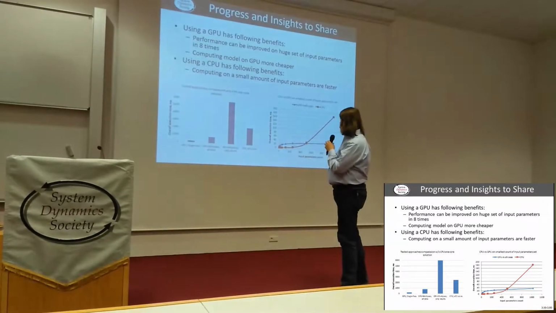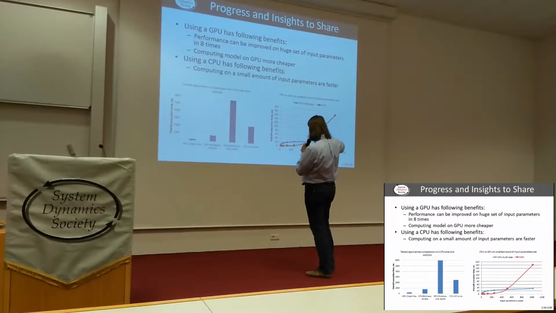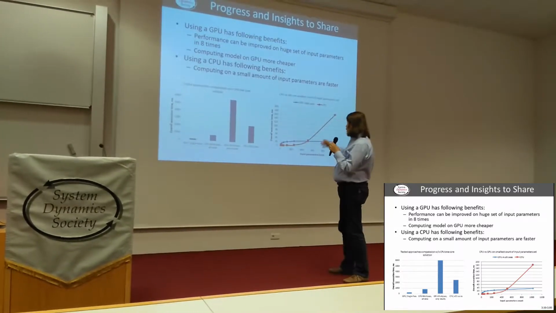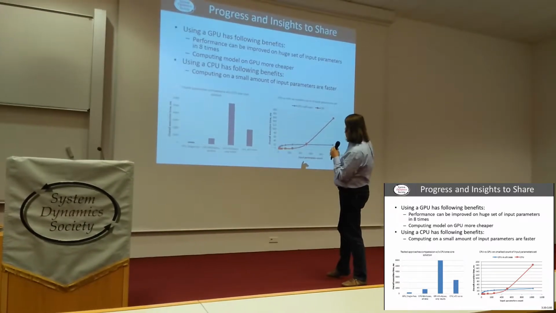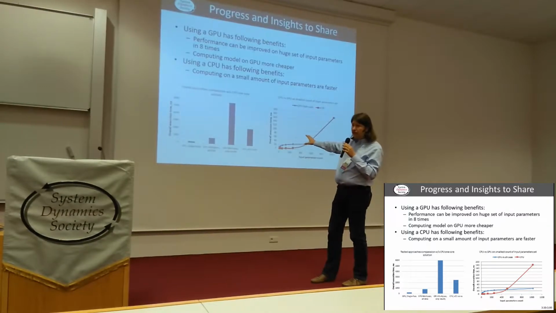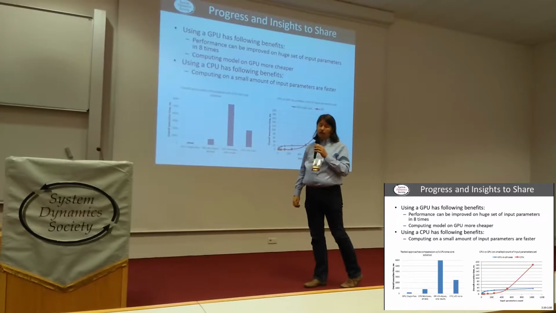Here we can see that when we grow the number of input parameters we need to iterate over to find the results, the execution time on just CPUs grows close to exponentially, but it's not a problem for the GPU; it's still flat and still doing well.